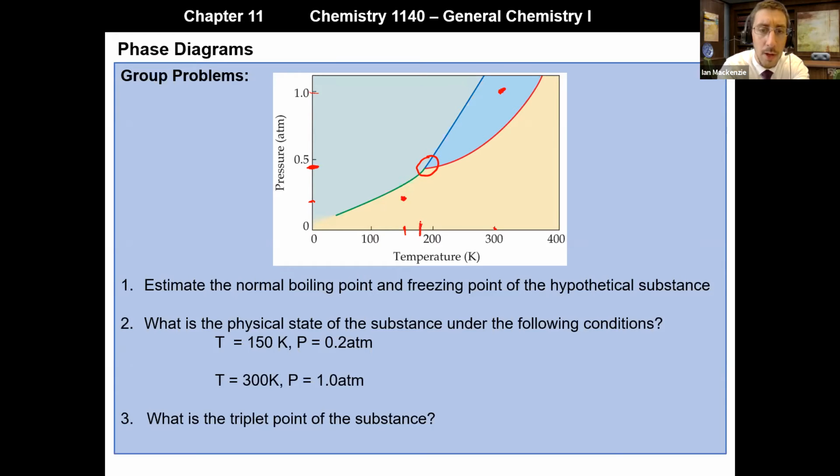Maybe we're at 180 here. So maybe the triple point for this substance would be at about 180 Kelvin and about 0.45 atmospheres. Again, this is just an estimation, but hopefully it illustrates for you how we use phase diagrams and how we interpret them.